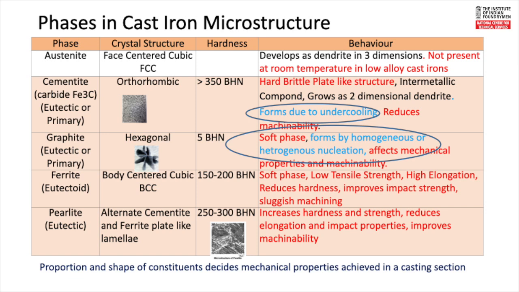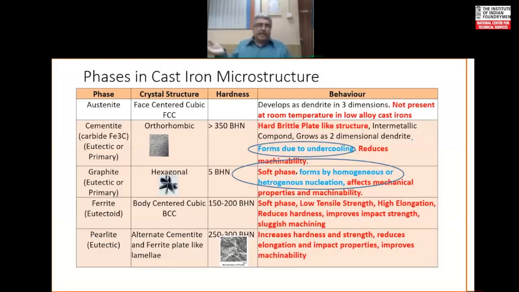Before we get into that, a quick look at what are the phases present in a typical cast iron microstructure. You will have cementite, and that forms due to undercooling. That's why I have highlighted that. Then you have graphite, which is a soft phase that forms by either homogeneous or heterogeneous nucleation, which we also call inoculation.